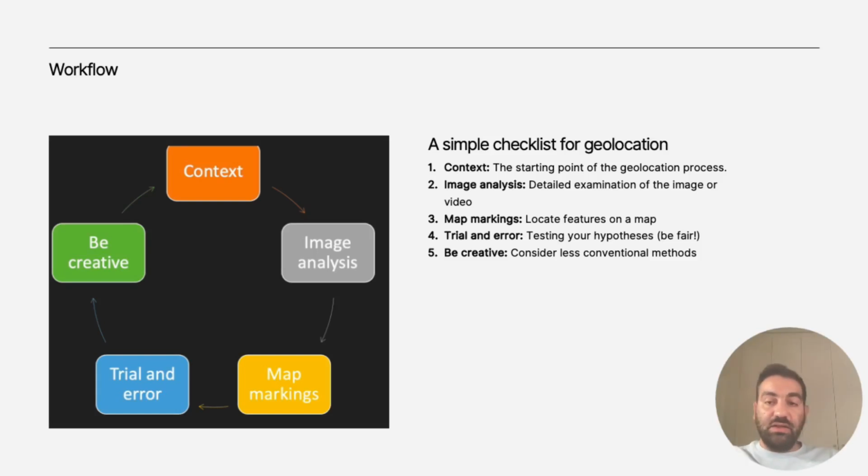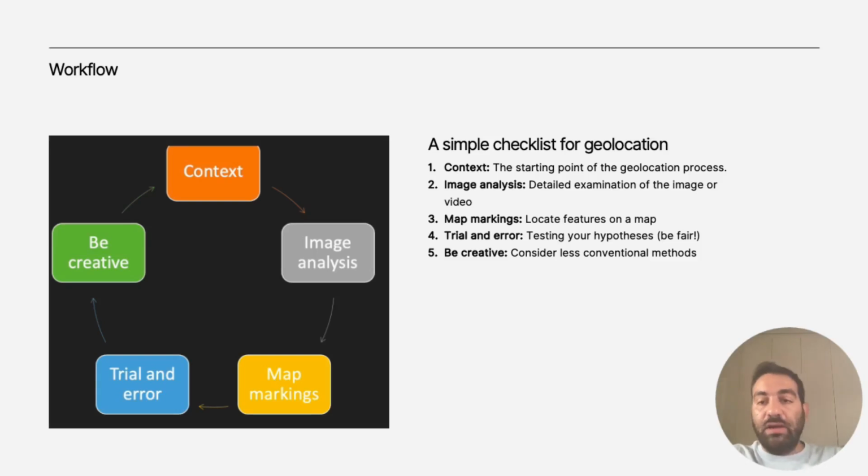In practice, context can be gleaned from the content itself, such as language on signs on the road, architectural styles, vegetation types, or from external sources like news reports or witness accounts that relate to the image or video you are geolocating.